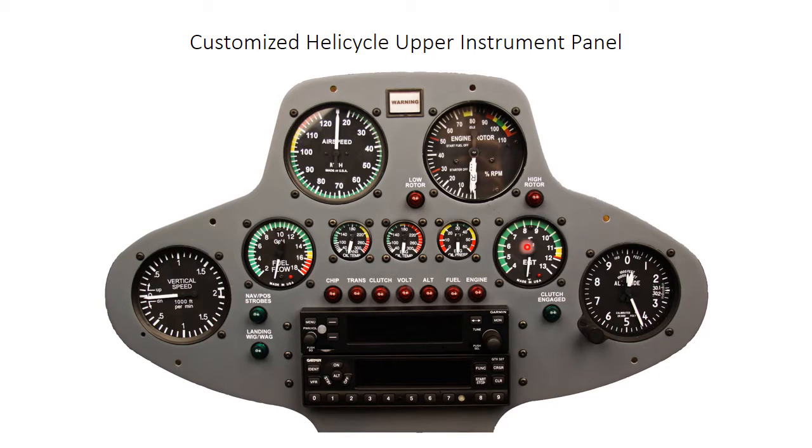All of the legends are silk screened, again customized for the Helicycle. So the green, yellow, and red arcs are for our aircraft and our engine. Whenever you hit red, you have an alarm condition. 2 of the indicators actually have 2 alarms.